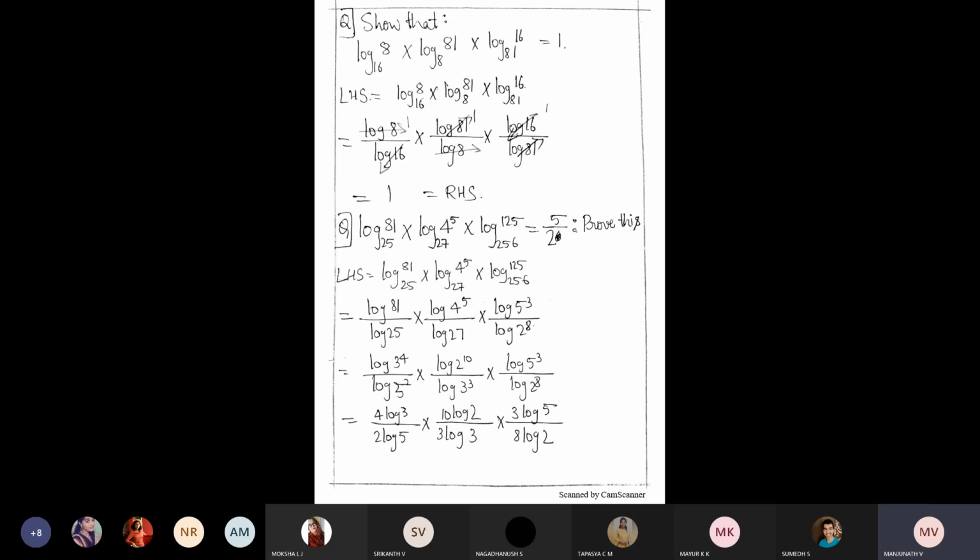Which one? 4x squared to the power of 3 divided by 2x cubed to the power of 2 plus 6x cubed to the power of 2 divided by 3x squared to the power of 3. Okay, it is very simple.